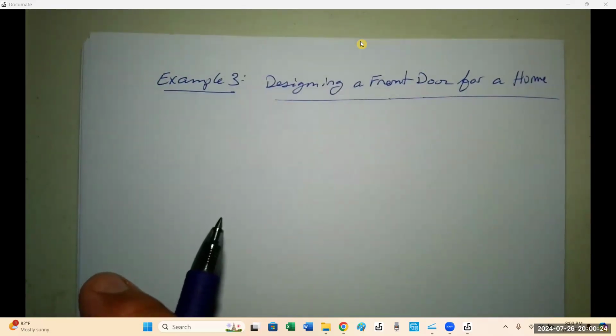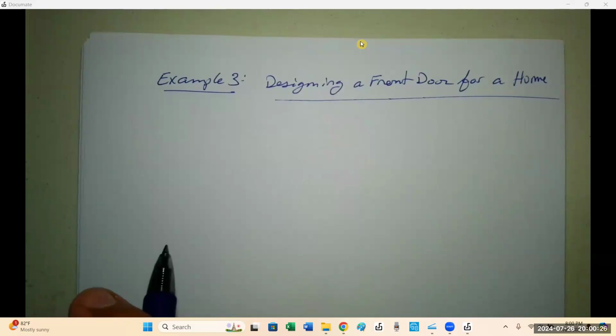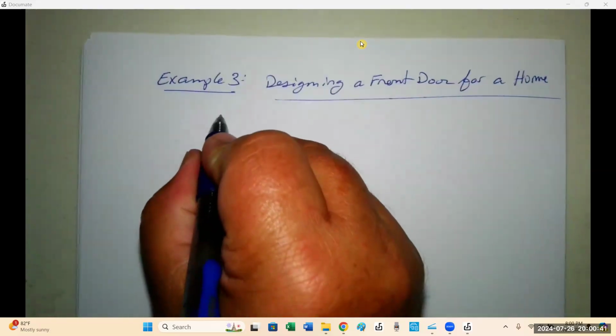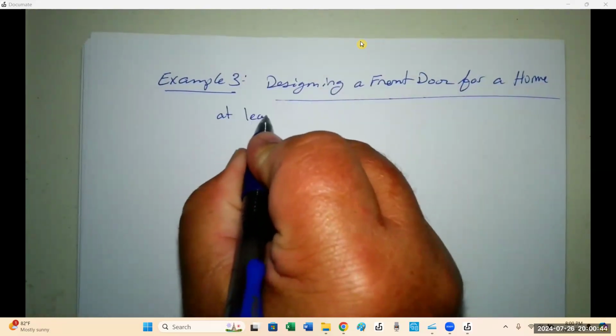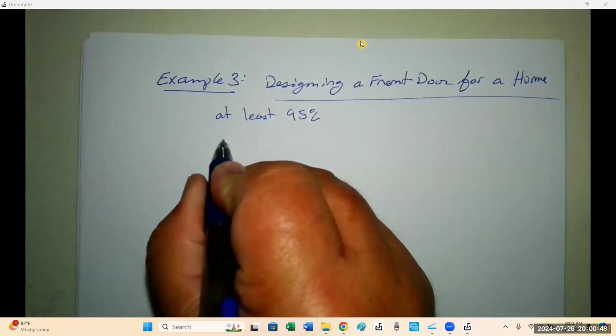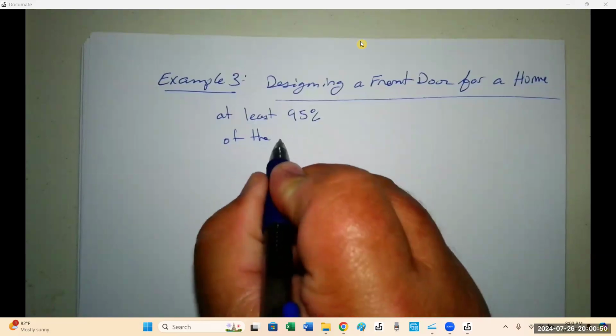It says, when designing equipment, one common criterion is to use a design that accommodates at least 95% of the population.